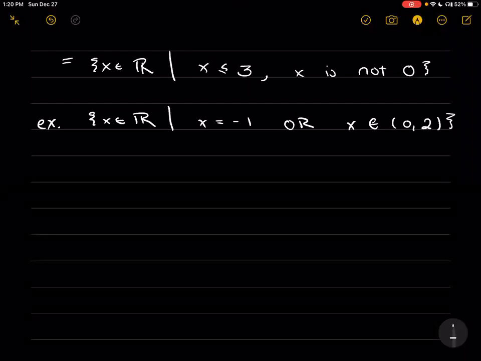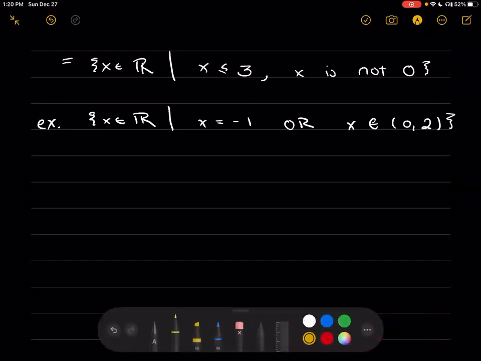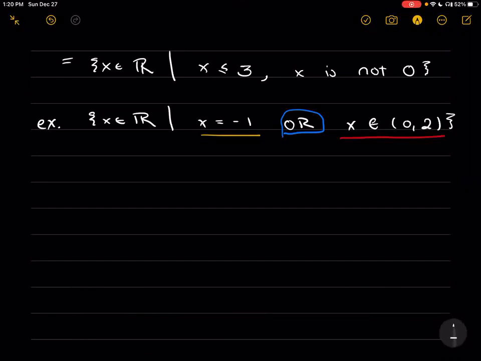This is weird because the x equals -1 seems fairly straightforward, and we've got this or, which we know kind of how to deal with and we'll see in more detail in a second. But we've also got this x in (0, 2), which is like, what? The element sign inside set builder notation? This is too complicated. Well, let's just take it piece by piece.